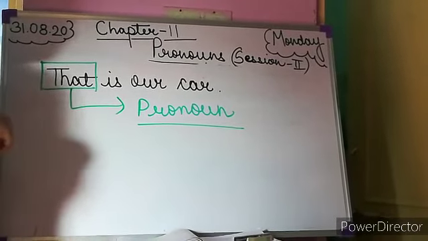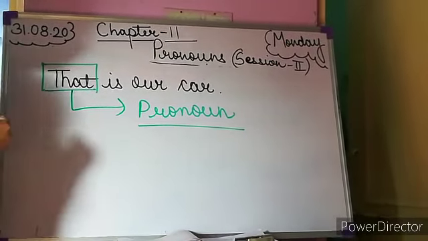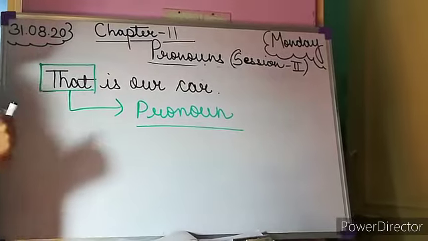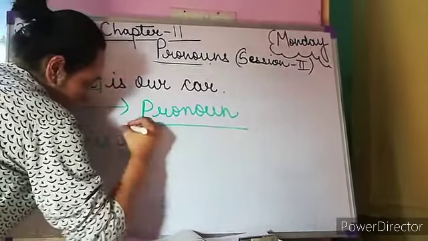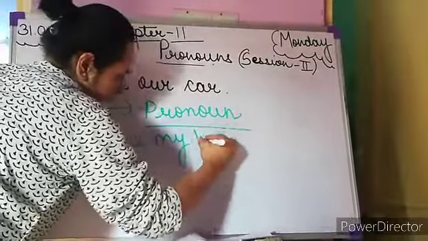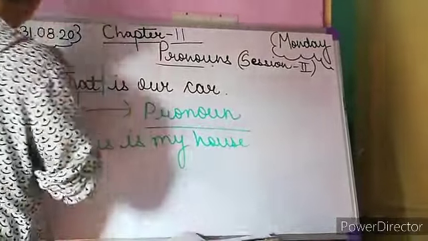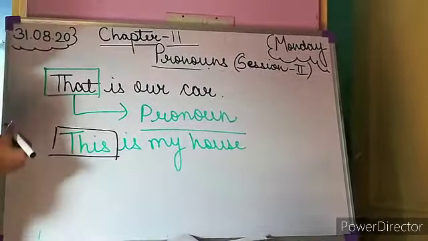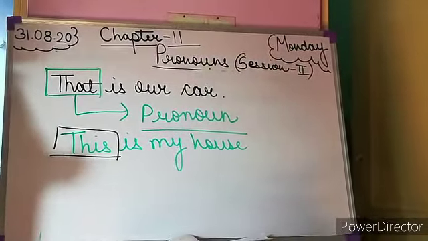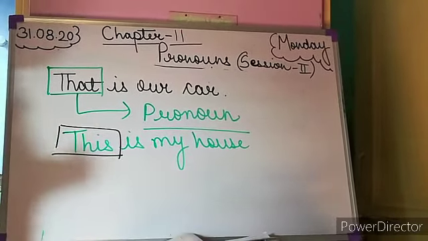Now, children, let's see some more examples. If I say, this is my house, here this is a demonstrative pronoun.